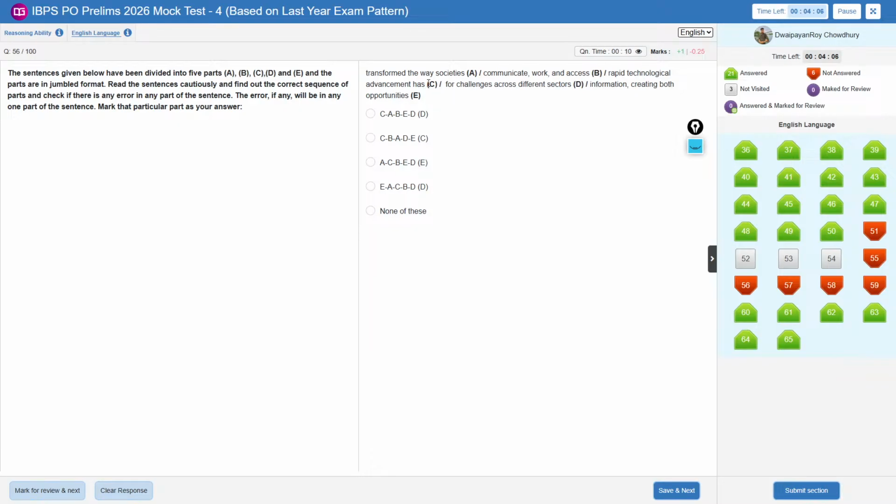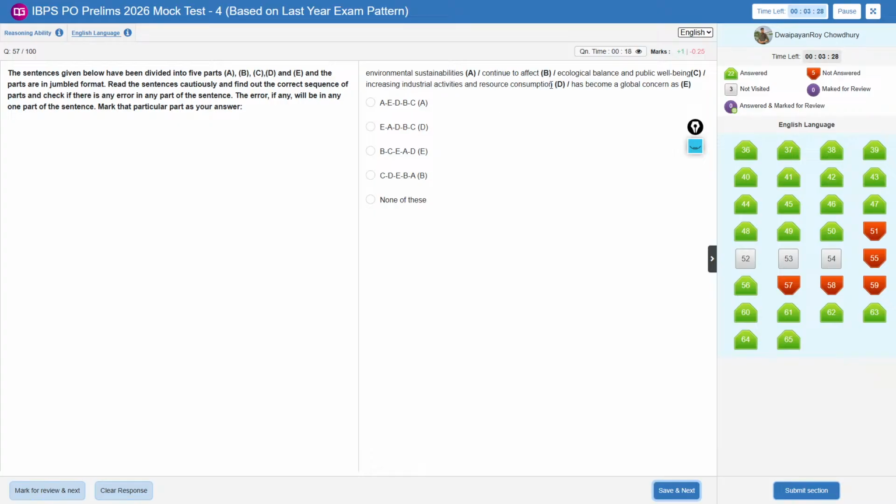Rapid technological advancement has transformed the way societies, so CA, communicate, work, and access information, creating both opportunities and challenges across different sectors. Not starting with A, environmental sustainabilities, no. Increasing industrial activities and resource consumption continue to affect.